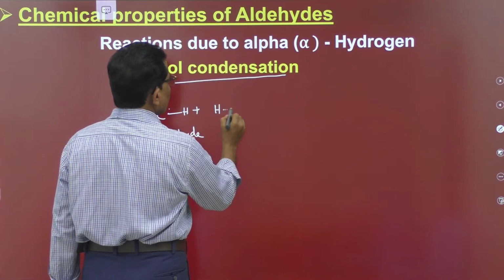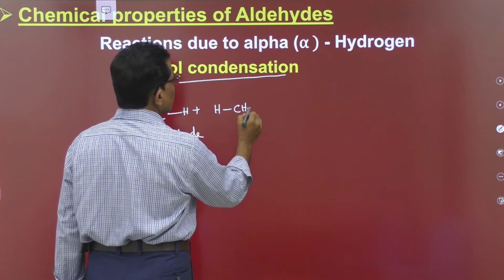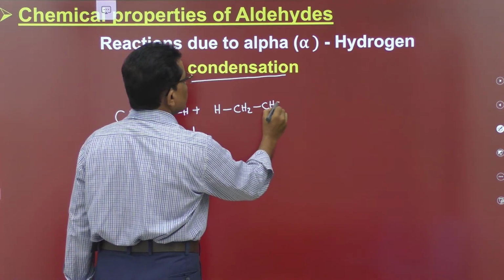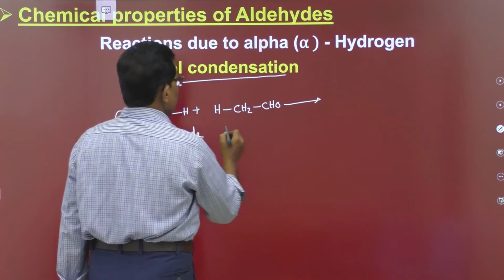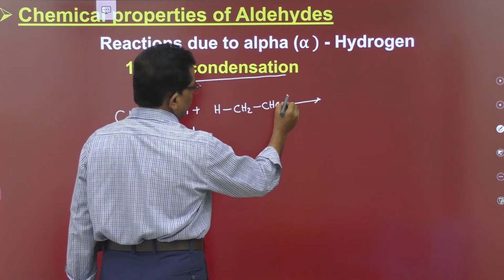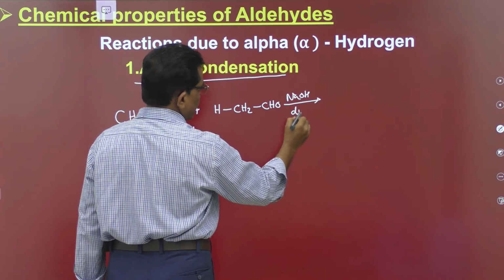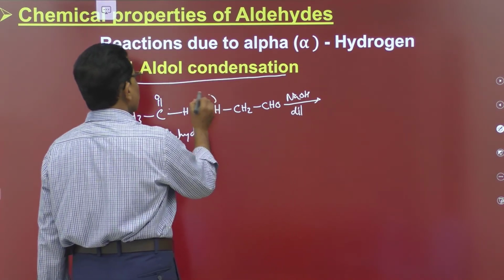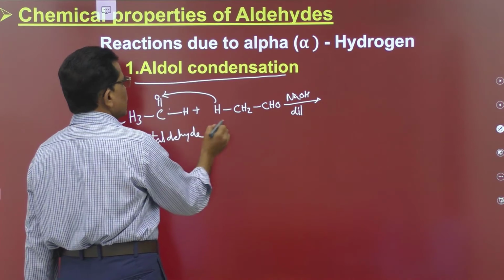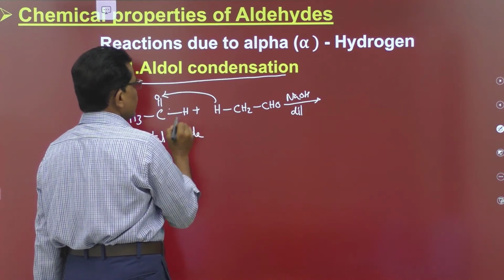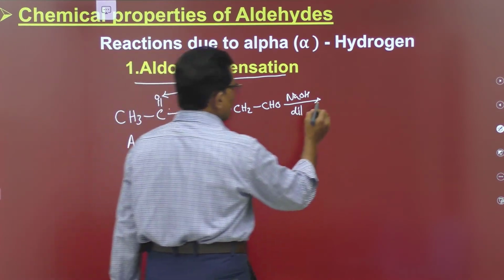I want to take another mole of acetaldehyde in the presence of dilute NaOH. This one goes here, then a bond formation takes place between the two carbon atoms.